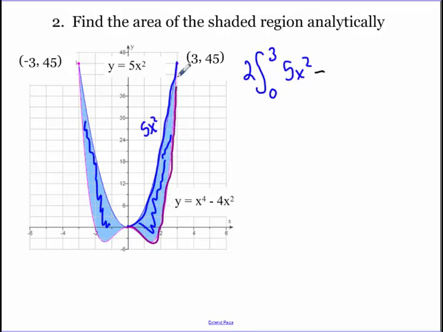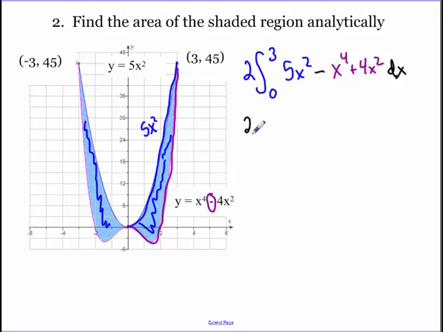and even though a little bit dips below the x-axis, this minus sign is going to take care of that. X to the 4th plus 4x squared. I distributed the negative to change that to a plus sign. And we're finding our area in relation to our variable x.